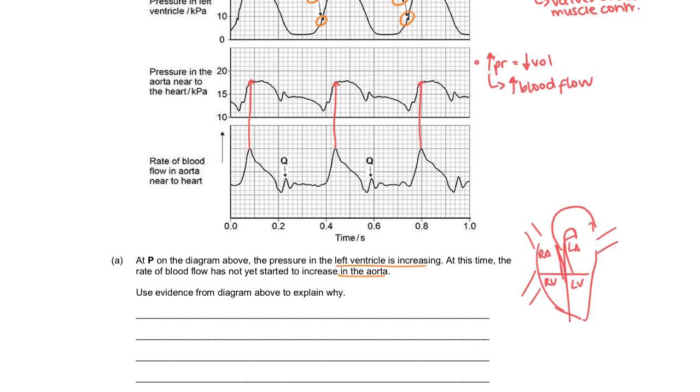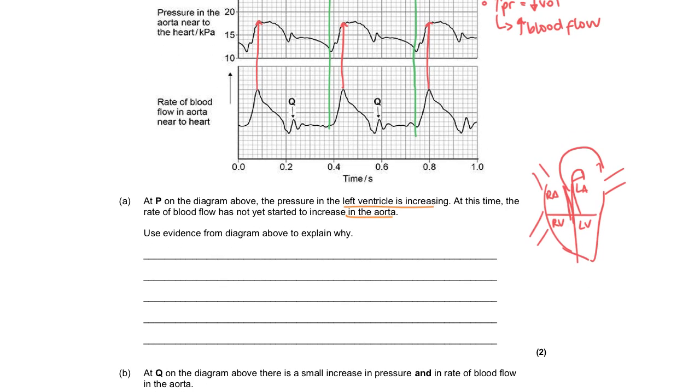So I'm going to try and figure out what is happening in the aorta at the same time as those points P. So let's have a look, because the scale is all the same. So I can see that the pressure is the lowest in the aorta and that the blood flow is also quite low. Hold on. There we go.